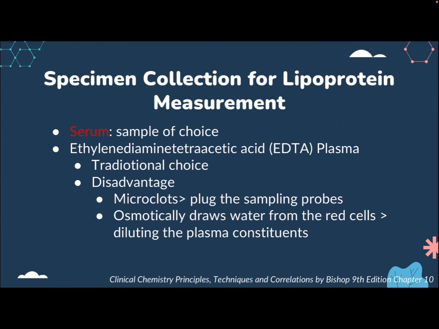EDTA, however, has potential disadvantages that discourage routine use. Microclots, which can form in plasma during storage, could plug the sampling probes on modern chemistry analyzers. EDTA also osmotically draws water from the red cells, diluting the plasma constituents, and the dilution effect can vary.